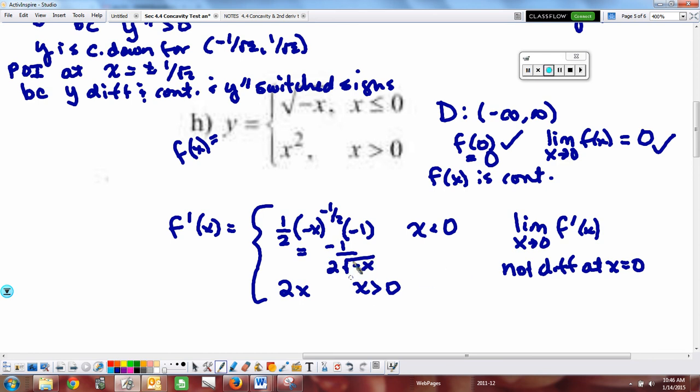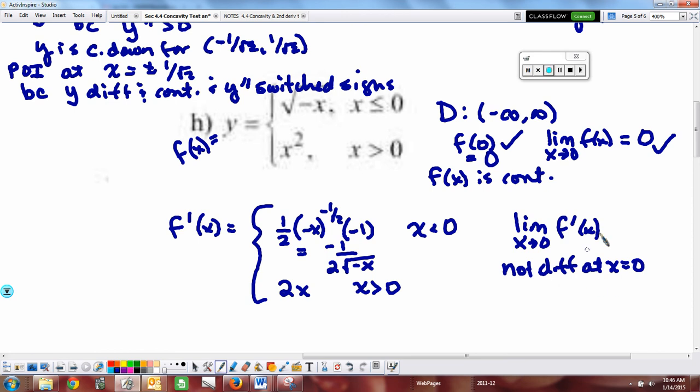The reason is that as x goes to 0 from the left, this ends up being a really tiny positive number, which then gets flipped up. So this is actually going to negative infinity at 0. This is a vertical tangent on one side and a non-vertical tangent on the other, and it's just going to be a cusp with a vertical tangent. Kind of a weird graph when you look at it.